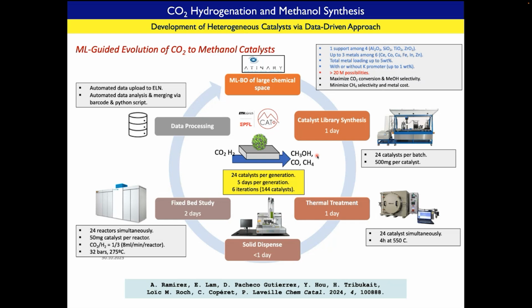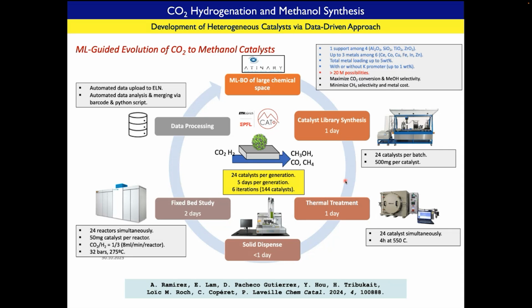To do that, what we have done is to combine Bayesian optimizers and an automated library for synthesis and catalysis testing, using typical supports used in CO2 hydrogenation, typical 3D elements and promoters, and let the computer decide for us how to explore the chemical space.